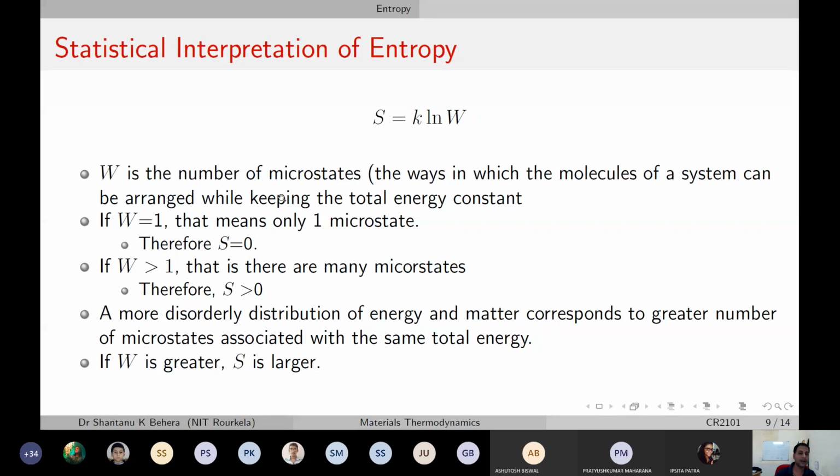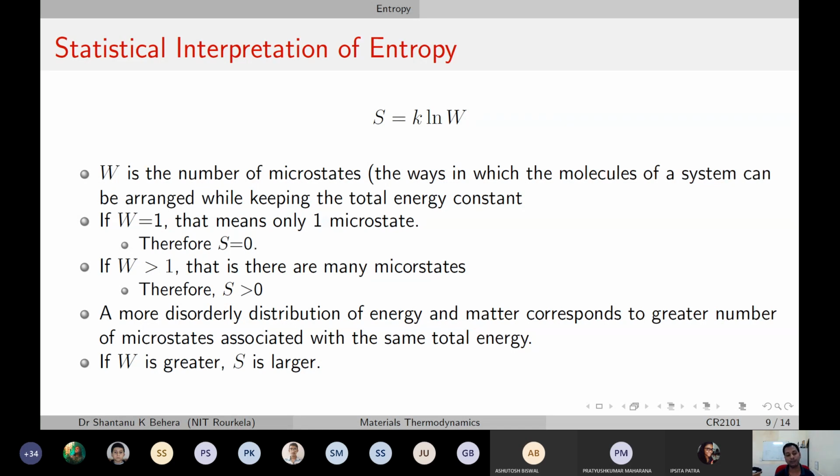Look at the mathematics of it. If W is 1, if there is only one microstate available, that means the molecules can only fill that microstate. That means there is no entropy, because if W is 1, then the natural logarithm of W is 0, and the entropy is 0. But that's not possible.